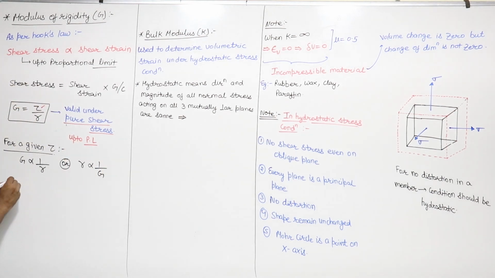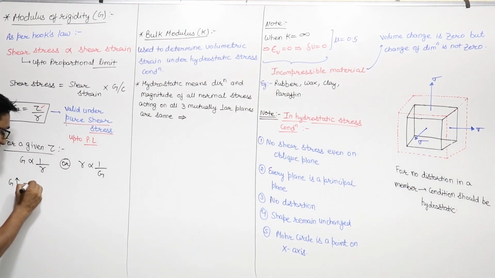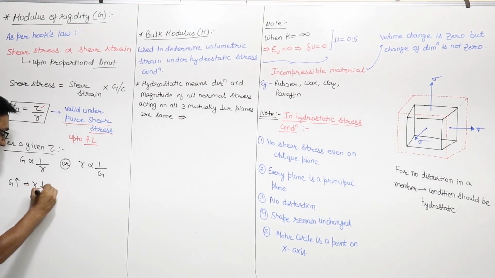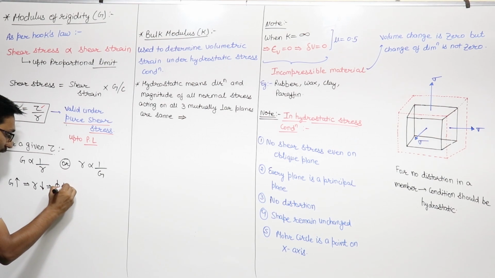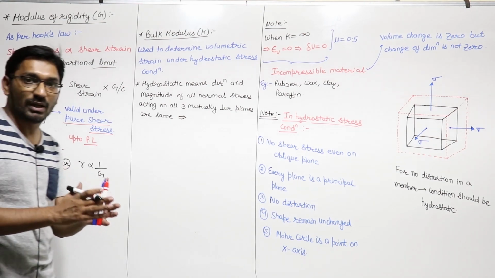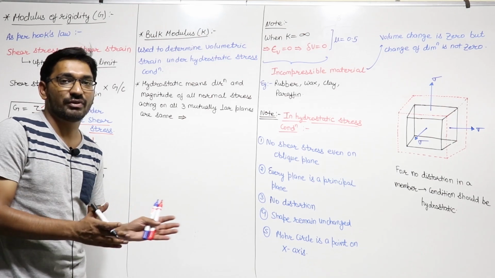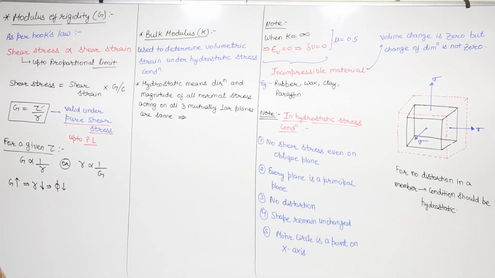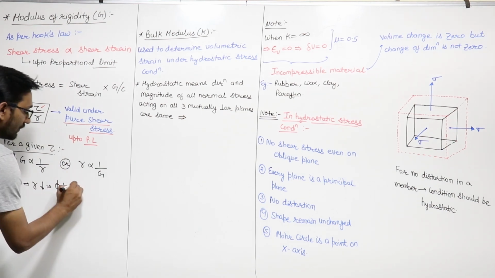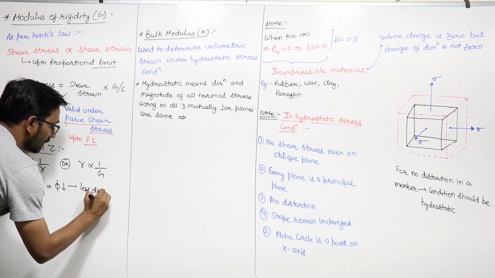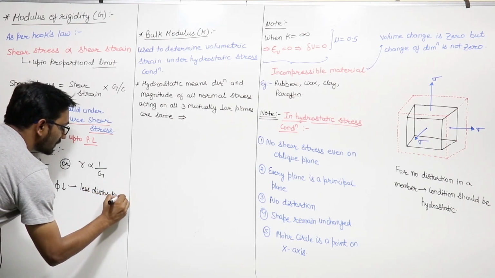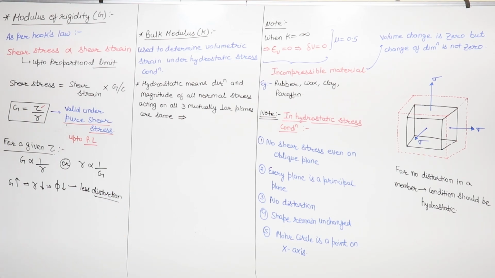So if the modulus of rigidity of any material is more, this implies shear strain is less, where shear strain is equal to the shear angle, that is the change of angle between two mutually perpendicular planes after distortion, that is phi. So if I increase this G, this gamma will decrease, hence this phi will decrease, so there is less distortion and the chances of failure will be less. This is the meaning of the modulus of rigidity G.